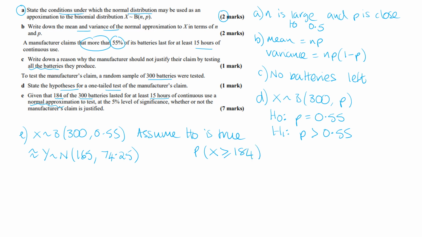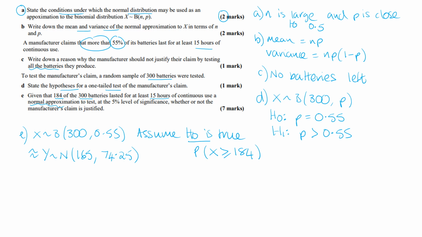On the basis that we think H0 is true, we would think 0.55 of the batteries would last, and so 0.55 of 300 is our mean, the 165. On the basis that we think 165 will last more than 15 hours, what's the probability of 184?